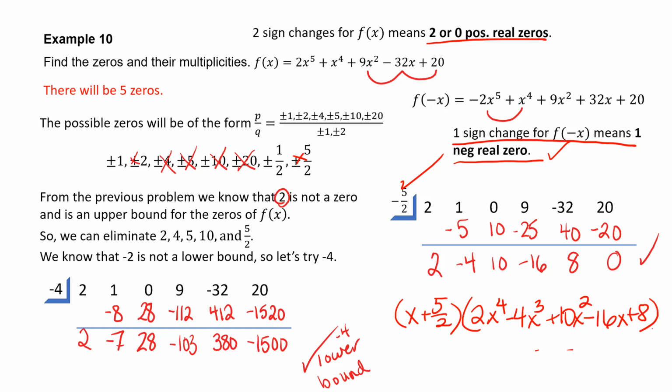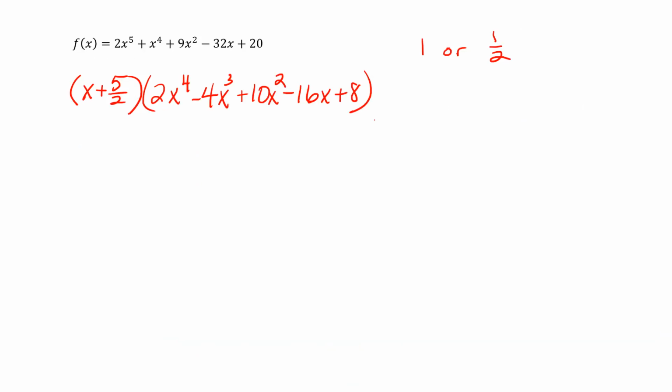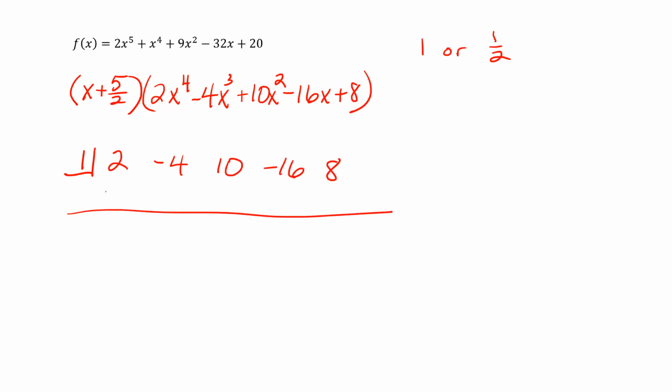So now we know that the only possible zeros remaining, we used negative 5 halves, that's gone. We've got our negative real 0. The only things that we have left are plus 1 and plus 1/2. So we're going to take that 4th degree polynomial and try 1 on that. We've got 2, negative 4, 10, negative 16, and 8. So we bring down the 2. 2 times 1 is 2.